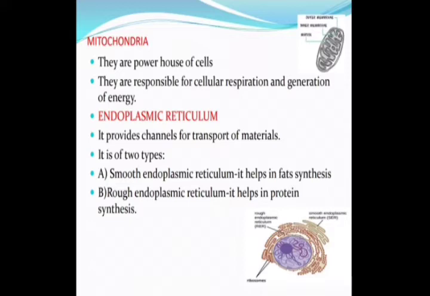What is the difference between smooth and rough? The smooth endoplasmic reticulum, with its simple membrane-like structure, helps in the synthesis of lipids or fat for the cell. Whereas when particles of ribosome are attached to the endoplasmic reticulum, it is called rough endoplasmic reticulum. It has a coarse surface, so it's rough, and because of the attachment of ribosomes, it helps in protein synthesis.